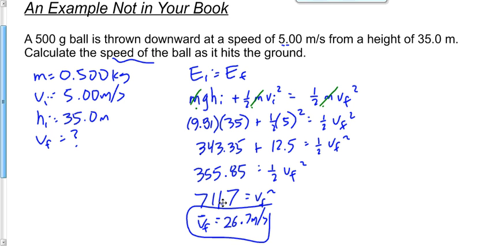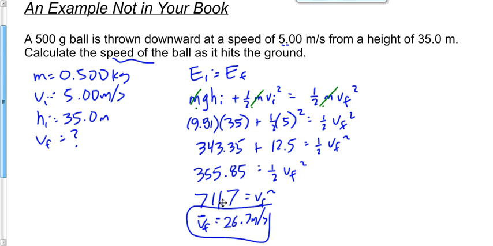Given VI, given the acceleration is 9.81, given that you're looking for VF, you've got the height or the displacement that it falls. What else could you use? Yep. Yeah, you could use VF squared is equal to VI squared plus 2AD.